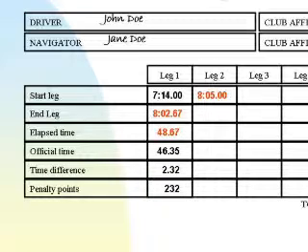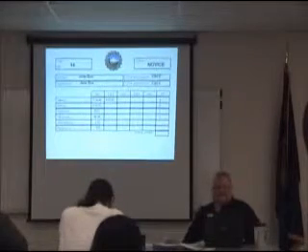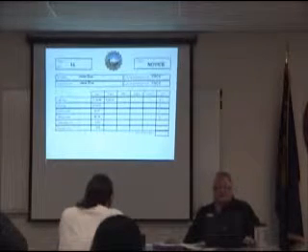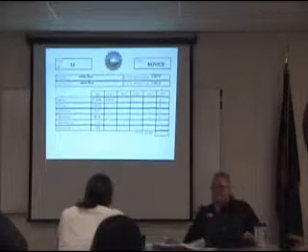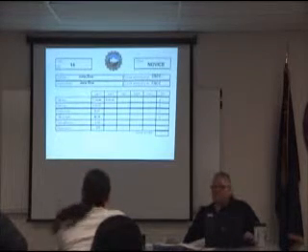So the end time and the start time are written in by the rally officials in the control car. And then you're going to calculate your own elapsed time. You'll copy in the official time from the supplemental slip they gave you. And then you'll calculate the difference between official time and your time. And that is your penalty points. If that time difference is greater than 3 minutes, then your score is 300. The maximum score for any one leg is 300.